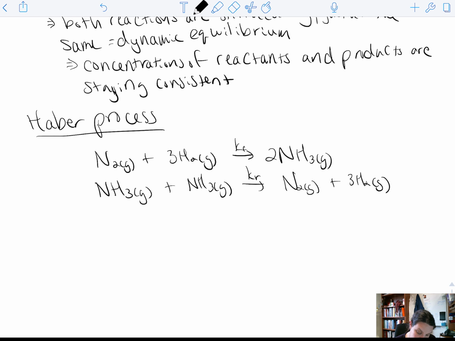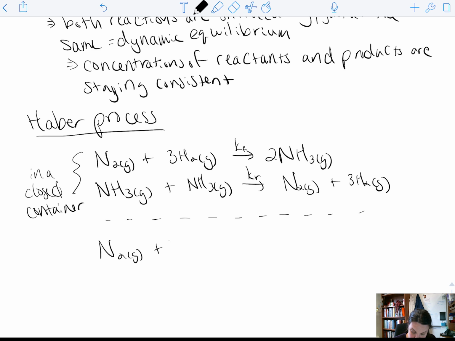So if these are in a closed container, so that none of our gas goes away, we have the equilibrium process. N2 gas plus 3H2 gas is in equilibrium with 2NH3 gas. Okay, and it's arbitrary. You can choose whichever one's your forward, whichever one's your reverse, as long as you have the equilibrium arrow in between.